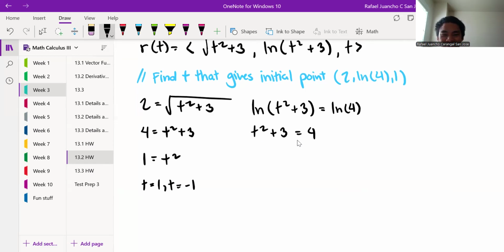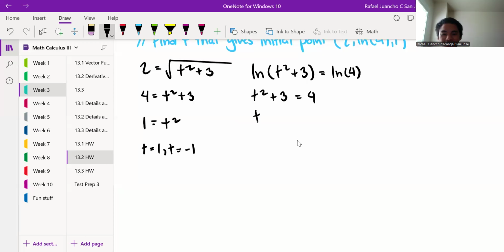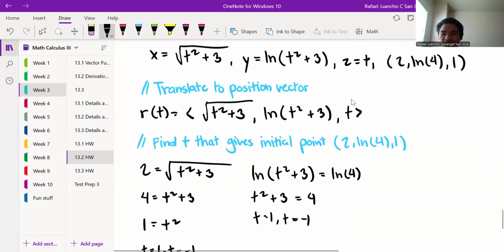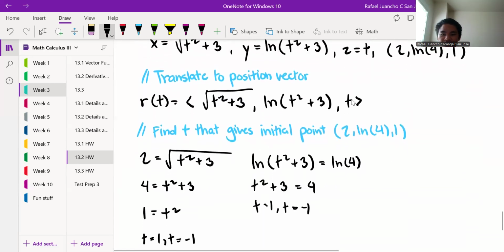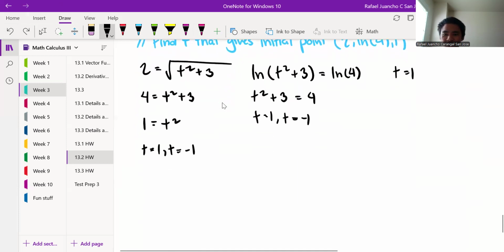That's funny. Okay, cool. Now let's try z. Oh, look at that, t equals 1. I would say this is easier. So the only thing that works here is t equals 1.